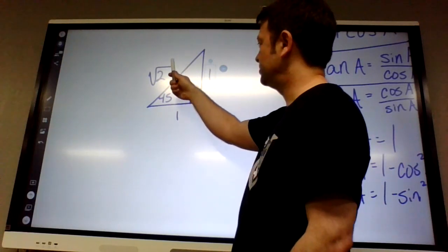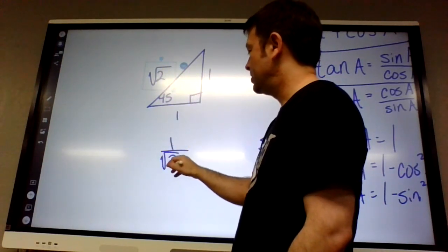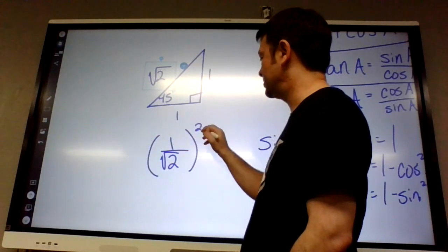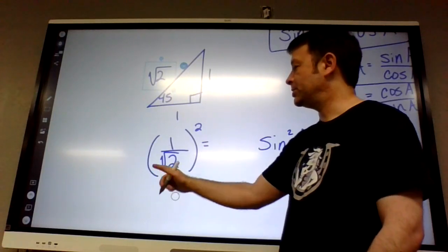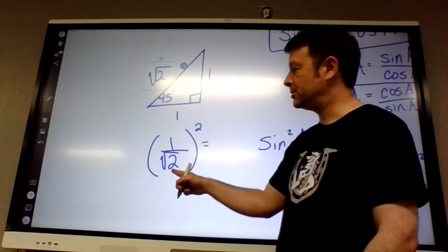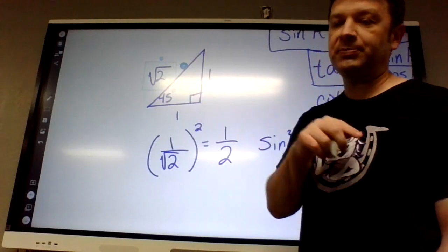Opposite over hypotenuse. Some of your calculators can do this, by the way. But what happens if I square that? 1 squared is 1. Square root of 2 times square root of 2 is 2. So it's just 1 over 2. That's the first blank on number 1.